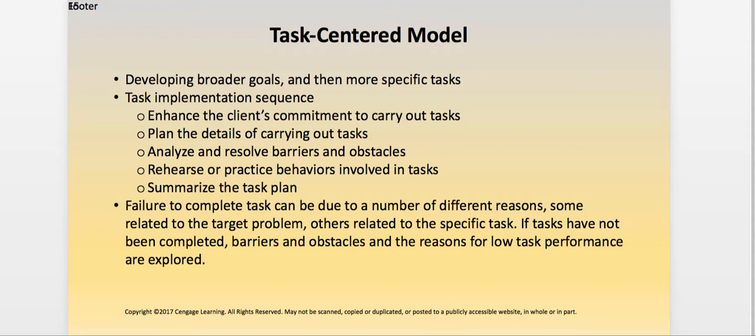So part of our job is to help to analyze and resolve barriers and obstacles, rehearsing and practicing behaviors involved in the task, so when the client goes out, they've got some skill in doing this, and then summarizing the task plan. But we have to look at when tasks aren't completed, a number of different reasons for that to happen, and we need to look at those reasons and try to find ways to overcome those barriers.